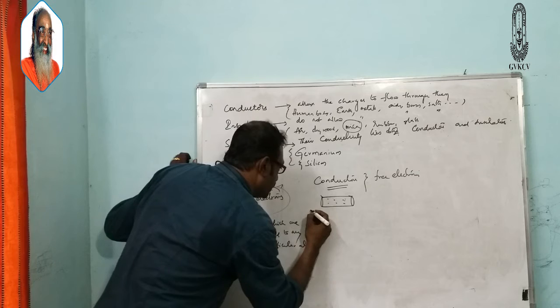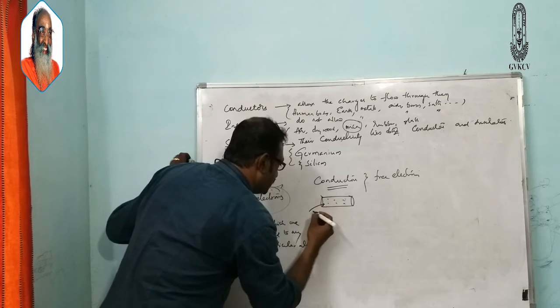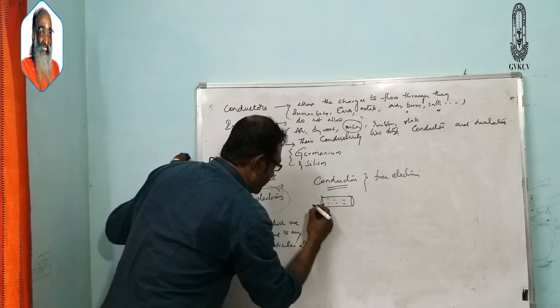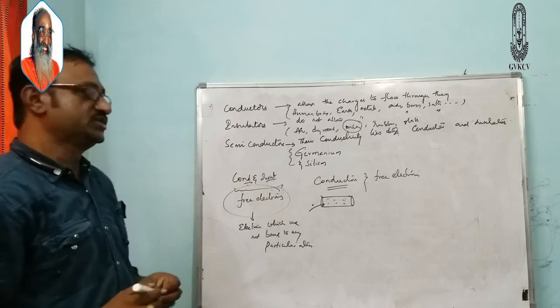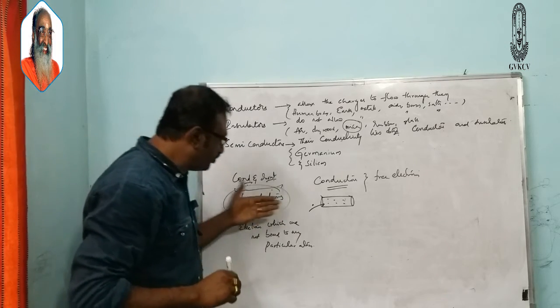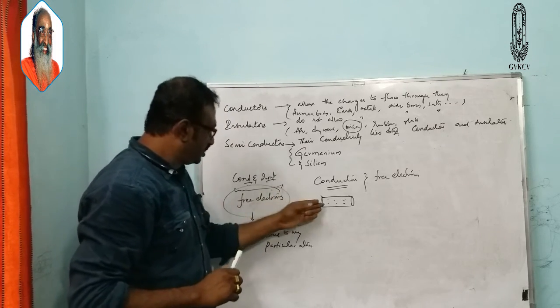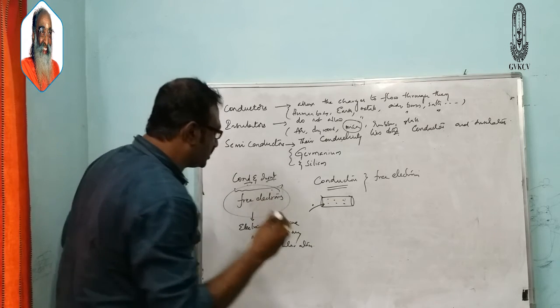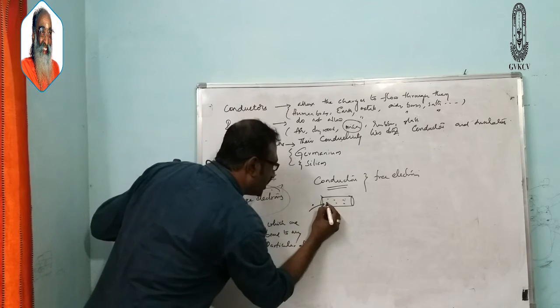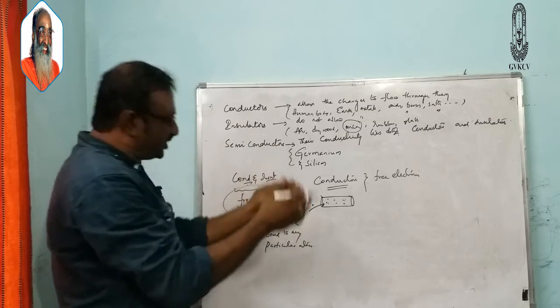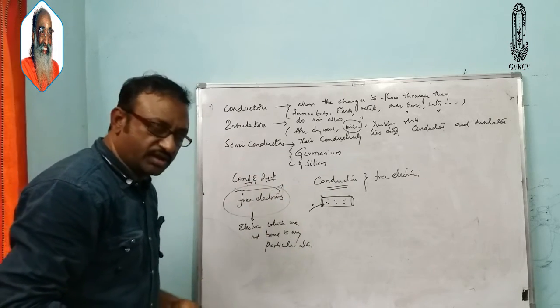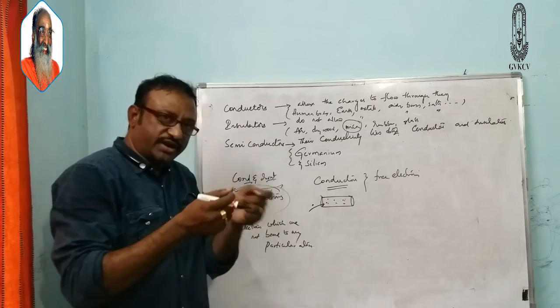Suppose you inject a free electron into this conductor. It cannot stay together with the other free electrons present in the conductor, because electrons repel.